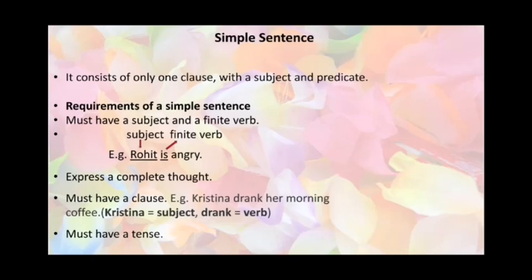In this you can see we have Christina as the subject and drank as the verb. So a subject and a verb make a complete clause. That is why we have a complete clause in this sentence. And the last thing is that in the simple sentence we must have a tense. It may be present, past or future.